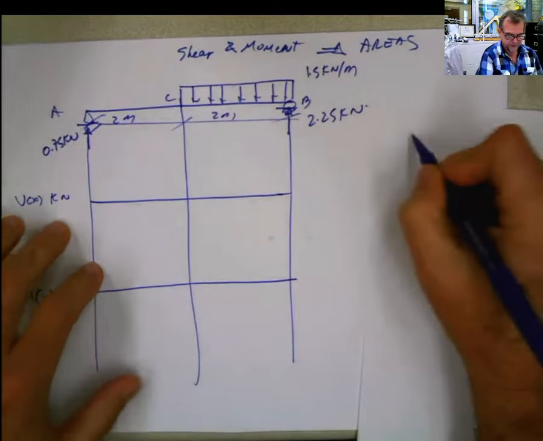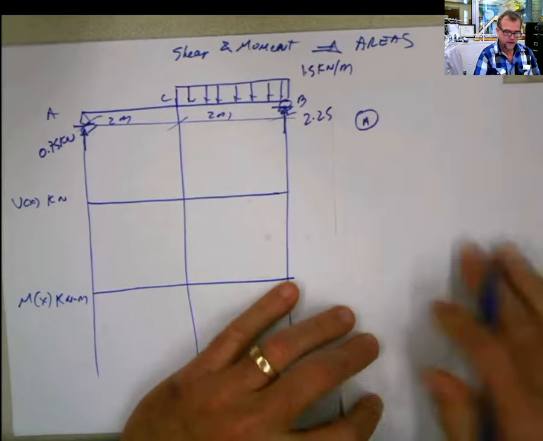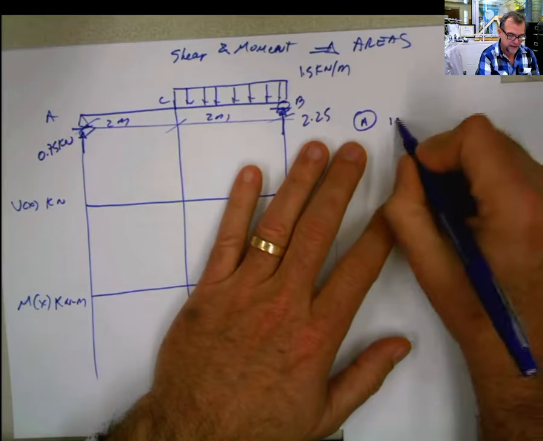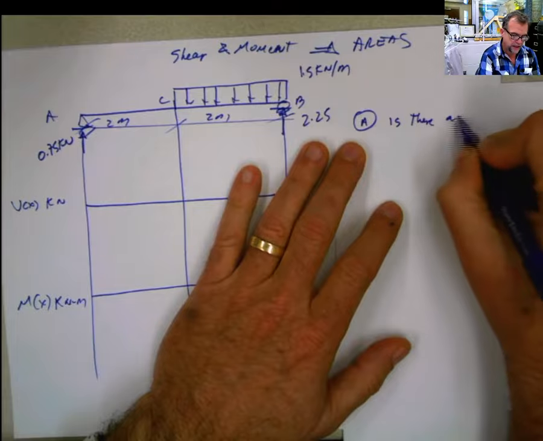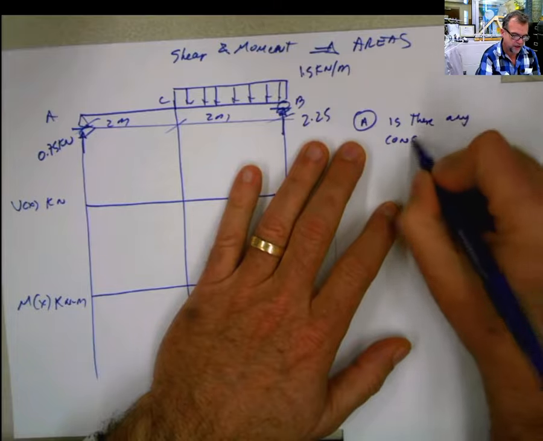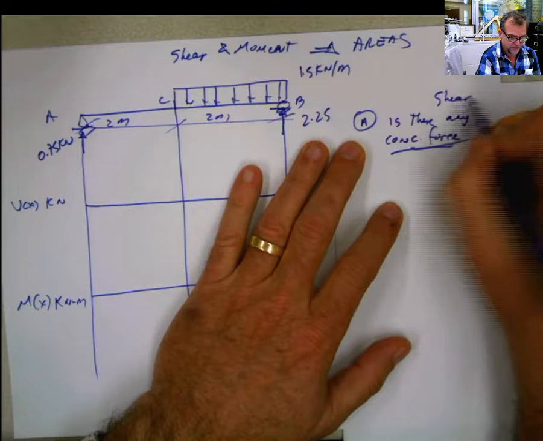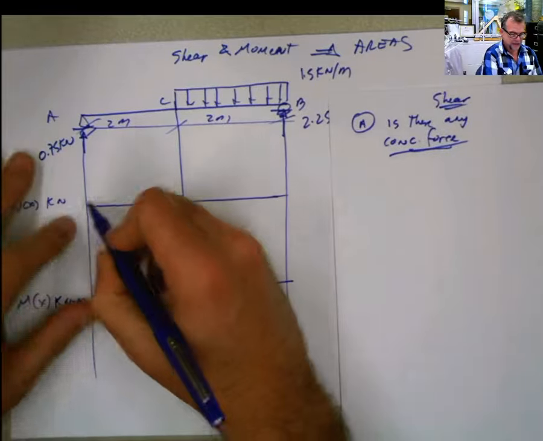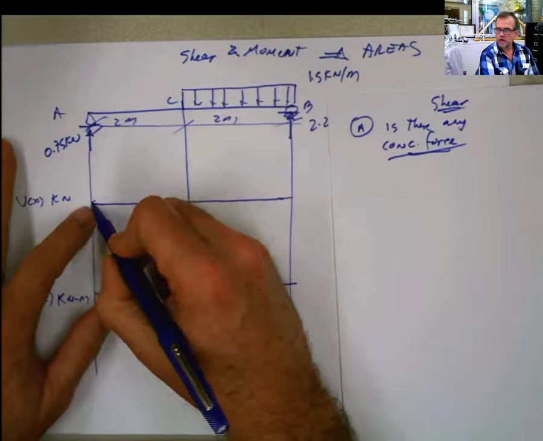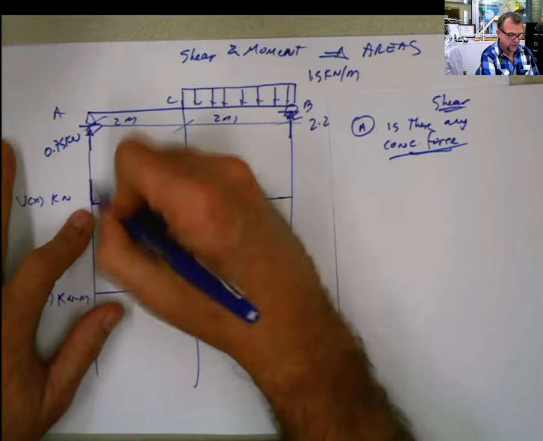First thing first, point A. Is there any concentrated force? Shear, of course, because we're doing shear. The answer is yes. I have a concentrated force of 0.75 pointing up.